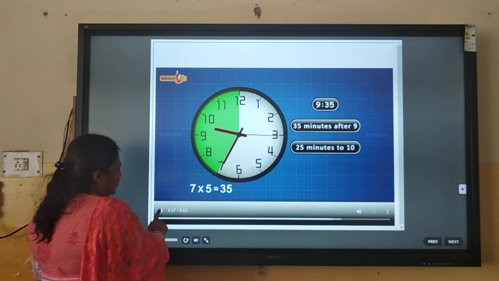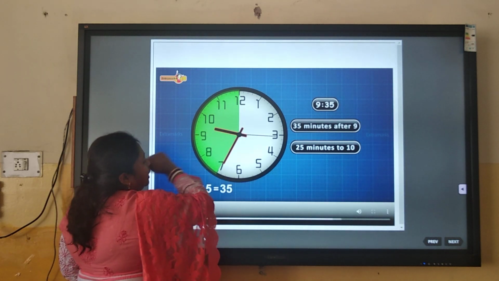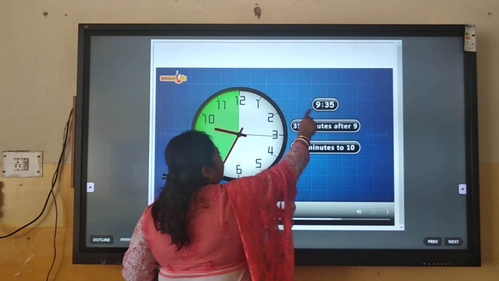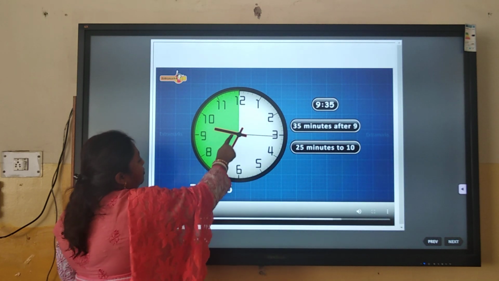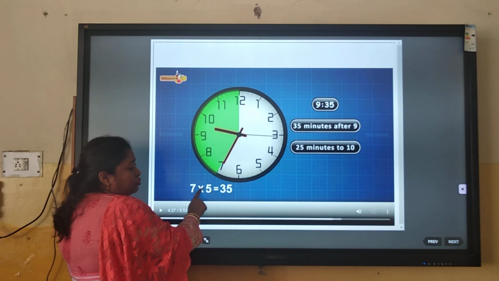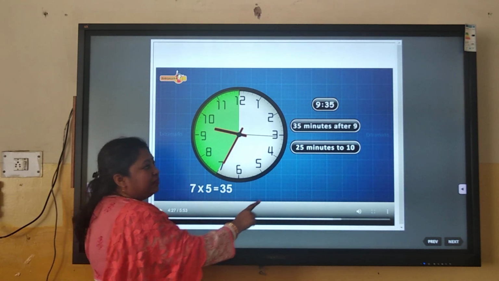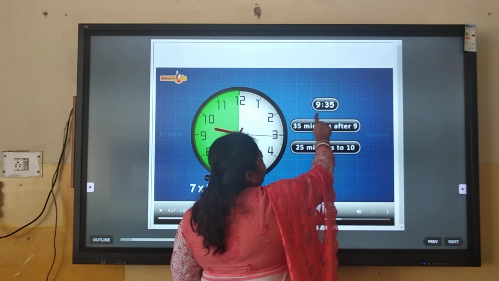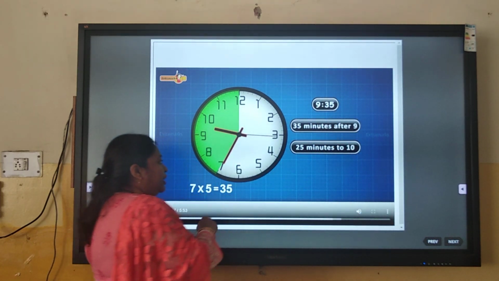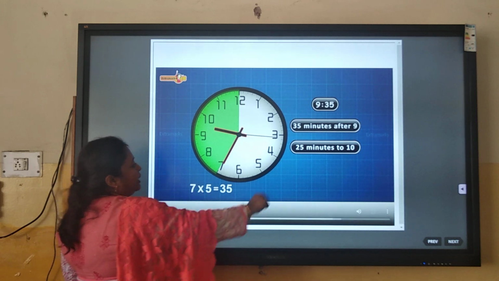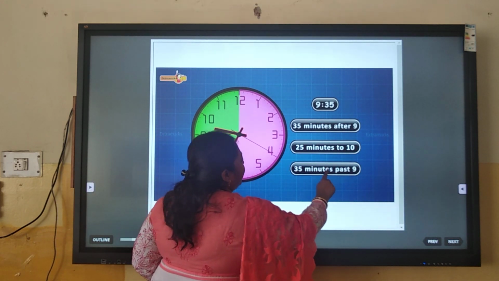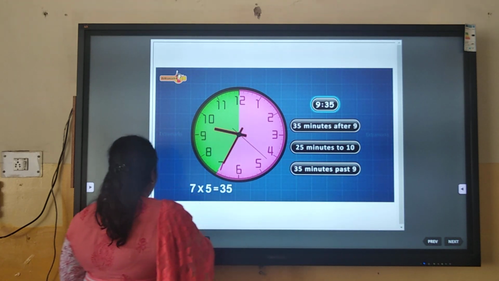Did you understand this? The hour hand has crossed 9, so the hour is 9, and the minute hand is on 7, so the minute is 35. So when we write the timing, we write 9:35, or in words we can write 25 minutes to 10 or 35 minutes past 9.